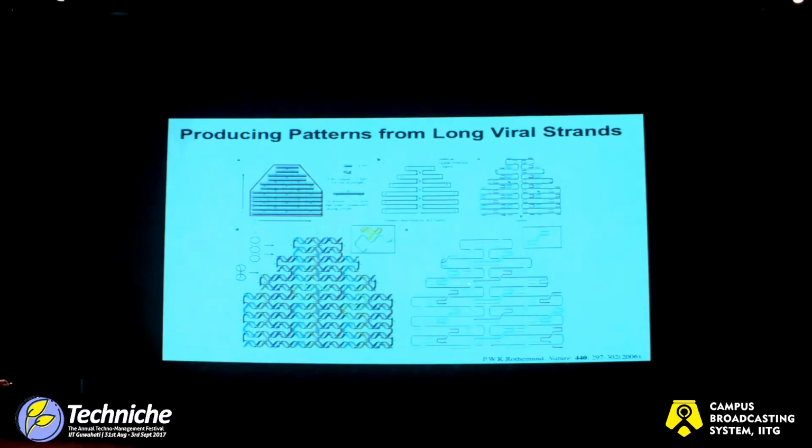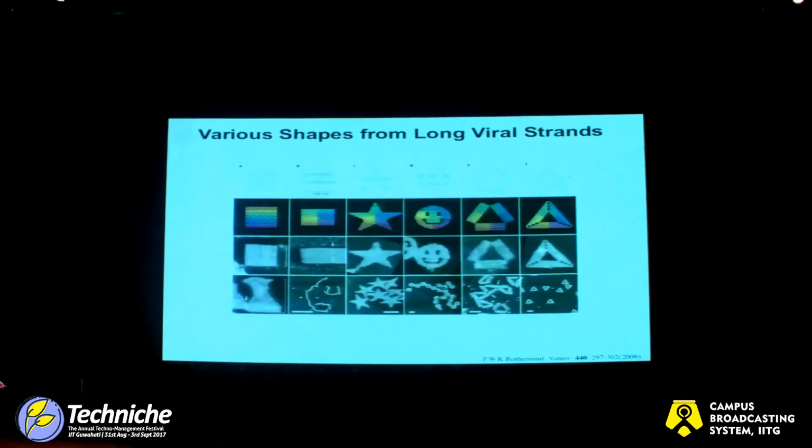So they hold this thing together in this fashion, and then you get out this shape of DNA. So this is much, much larger than what we've been talking about. Paul was able to make this square, this rectangle, this star, and he even made a smiley face out of DNA origami, as well as a couple of trigonal constructs.